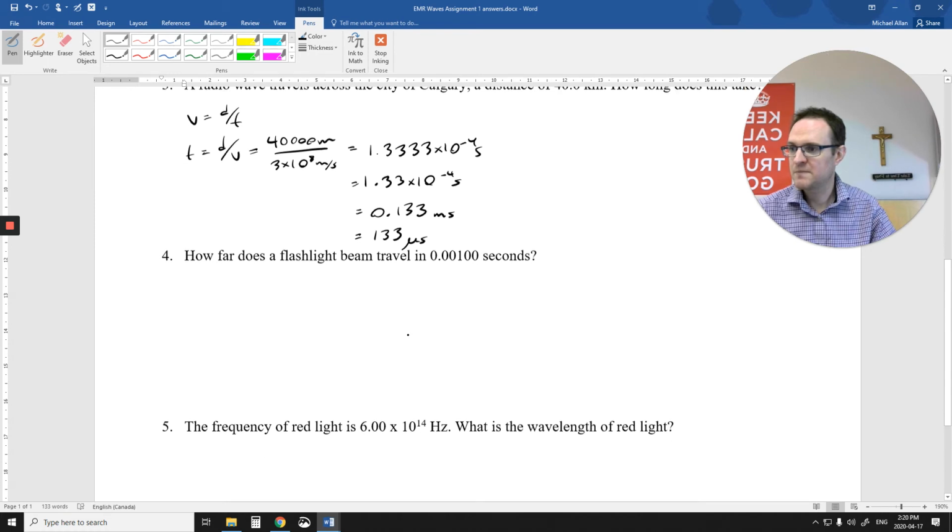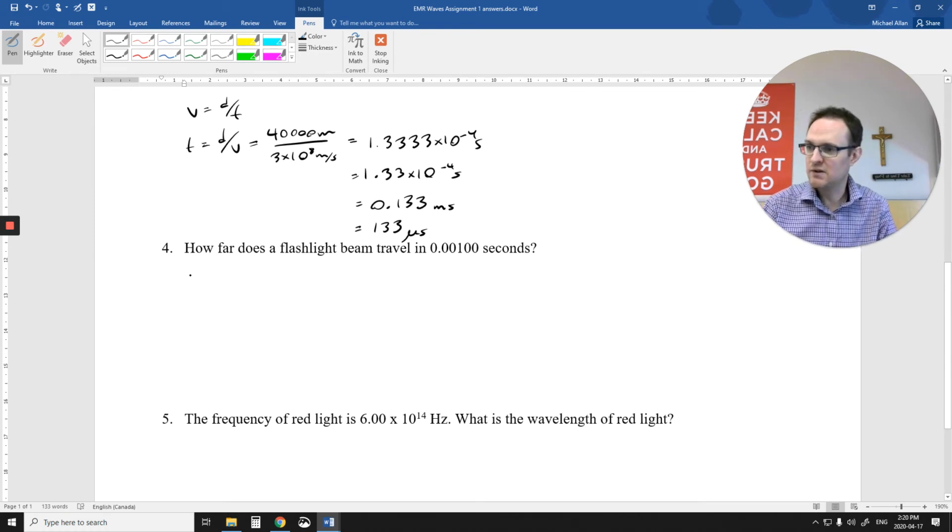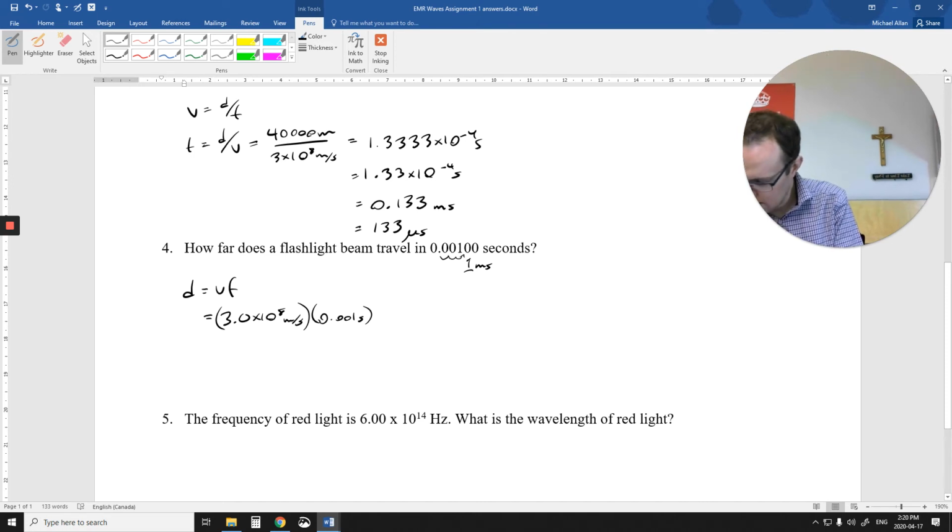Sounds pretty cool. How far does a beam of light travel in 1 millisecond? Yes, this is 1 millisecond. I don't want to change it to that because why would you? I'm just going to use that formula up there: v times t is equal to d. I know the speed of light is 3 times 10 to the 8 meters per second. I know my time in seconds, which is good. So I'm just going to multiply those two things together.